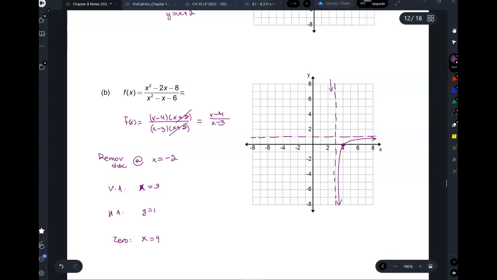Okay, so now look, guys. At x equals -2, there is a removable discontinuity. So how do we know where on that line it is? Like, is it here, here, here? How do we know where it is? So here's what you can do. Mentally, do not ever write this down. Mentally, just ask yourself, if I were to plug -2 in here, what would I get? What would that give you? -6 over -5, right?